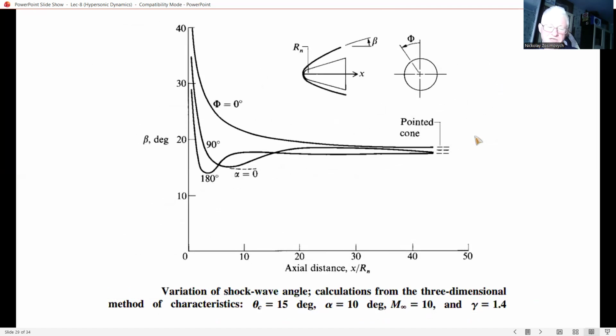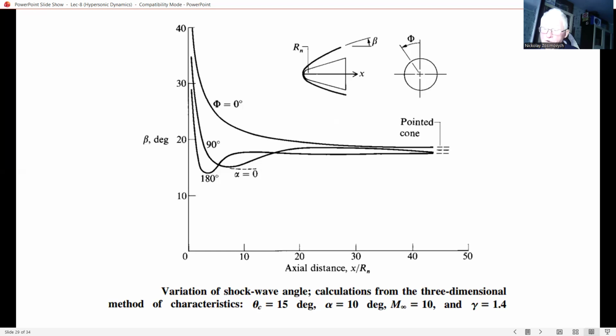The calculated variation of the shock wave angle beta with axial distance x is shown in this slide. It is well known that shock waves around a blunted cone at 0 angle of attack exhibit a local minimum in the wave angle, as the strong wall shock wave progresses from the normal shock at the nose to the weaker shock downstream.